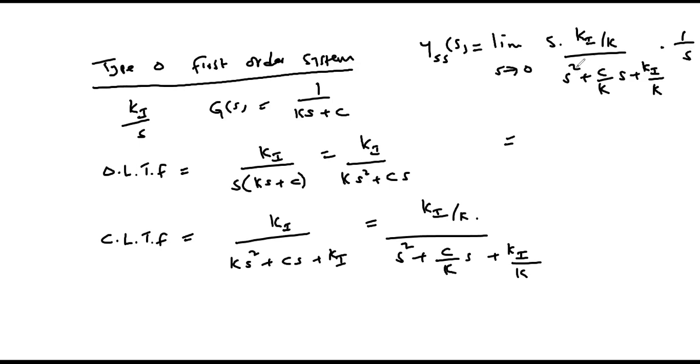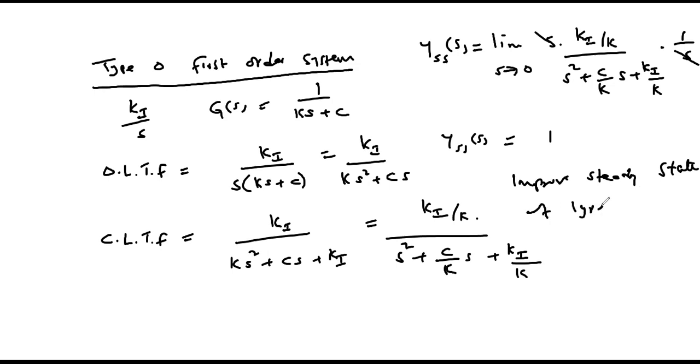And we notice that the s will cancel out, and the s terms will tend to 0. We'll have Ki over K over Ki over K, which will be equal to 1. And therefore, the steady state response of the system for a type 0 first order system will be equal to 1.